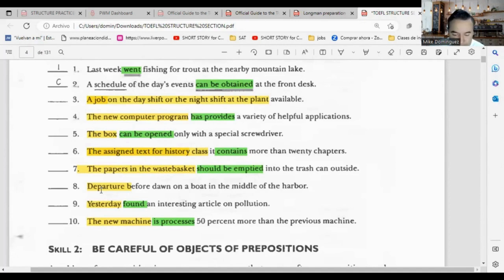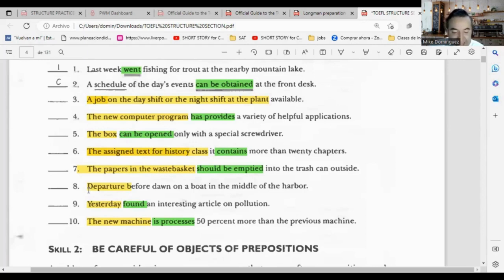I think it's incorrect. Why? Because it said departure before dawn on a boat in the middle of the harbor. It sounds like a guy that is learning English.